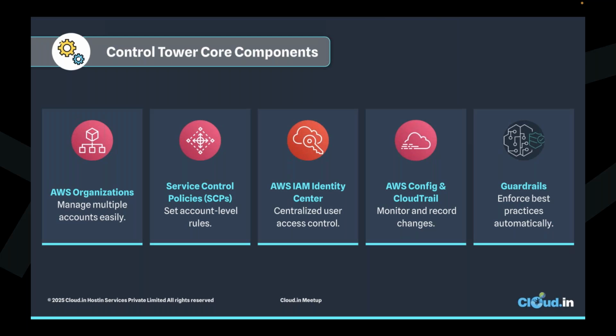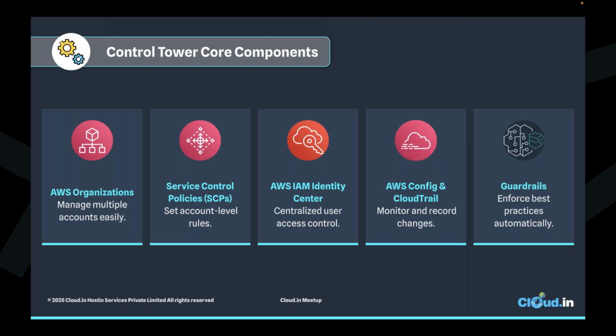CloudTrail records all API activities, like who made the changes and what changes were made, and AWS Config tracks configuration changes in resources. Together they help maintain accountability, detect unwanted changes, and support audits. So AWS Config and CloudTrail are used to monitor and track the changes made in your AWS environment.